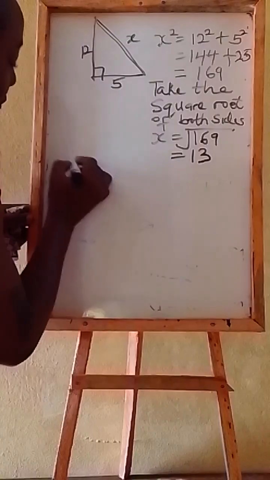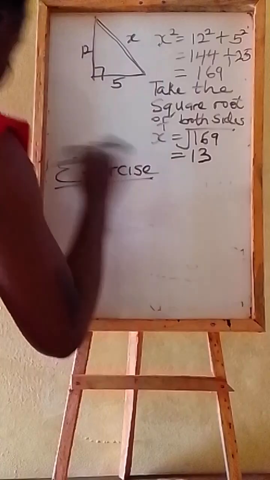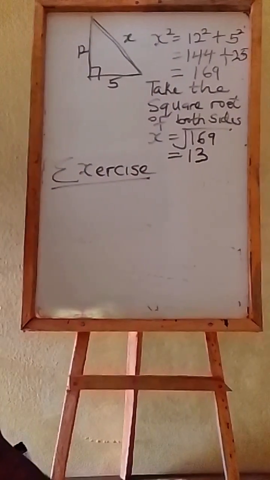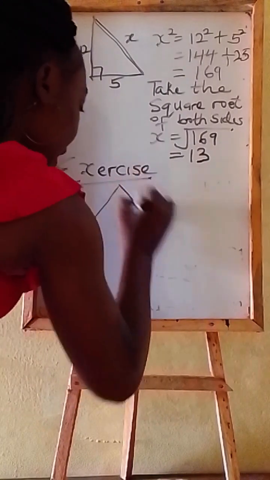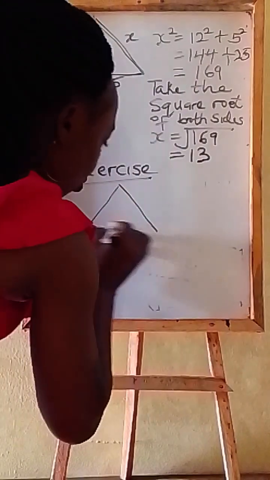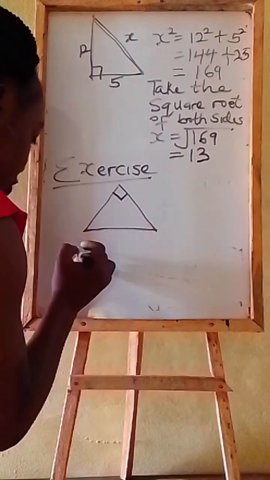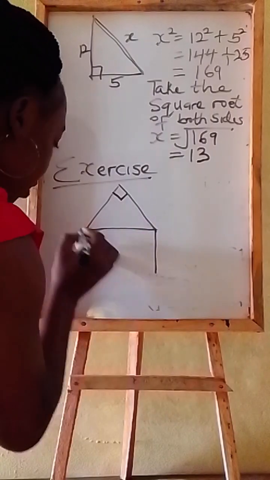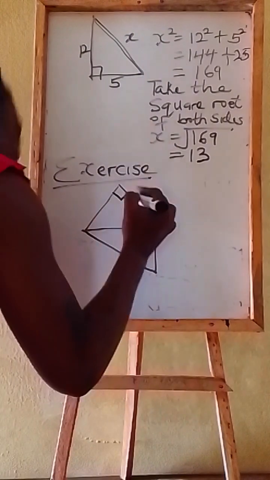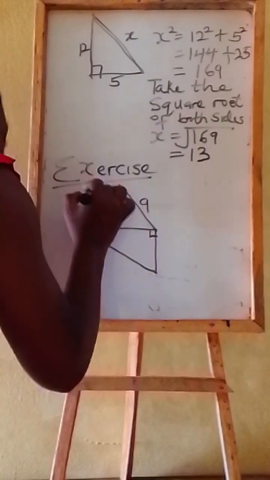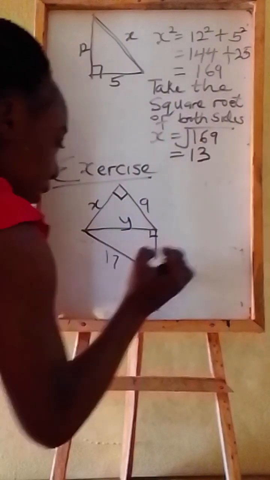So you have an exercise to take. We have 9, x, y, 17, 8.